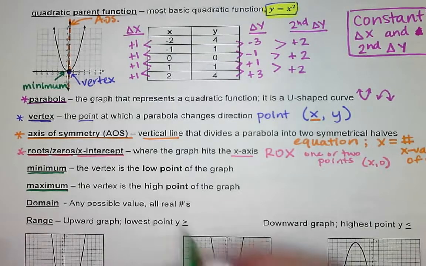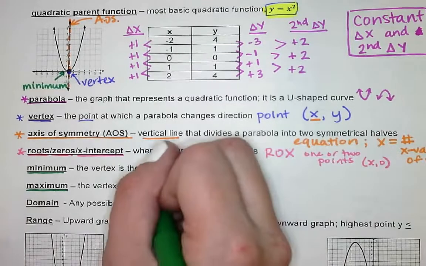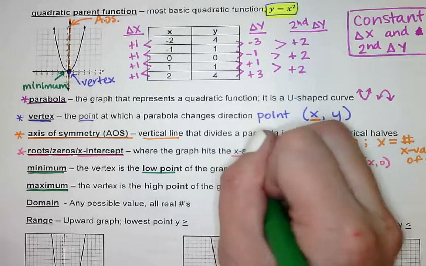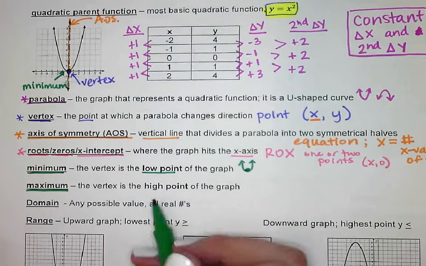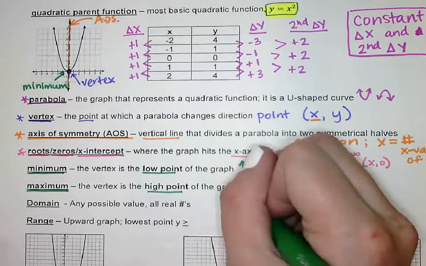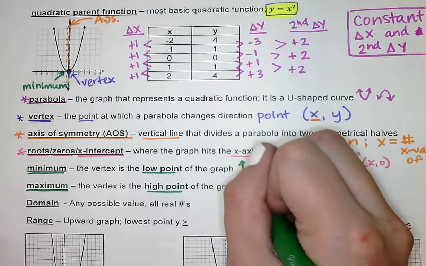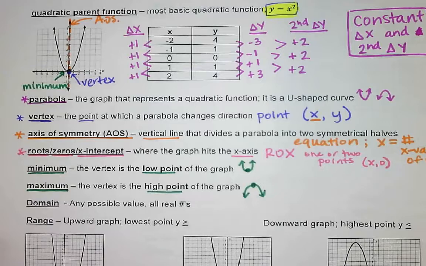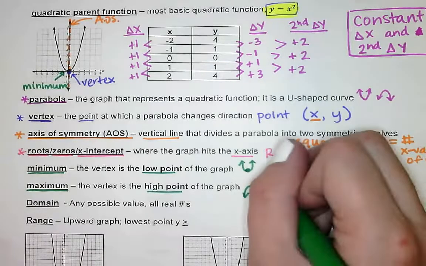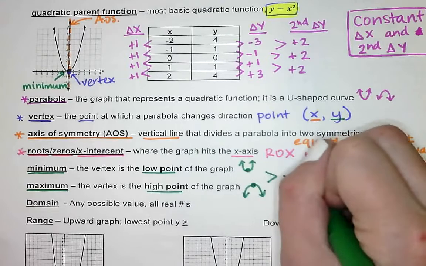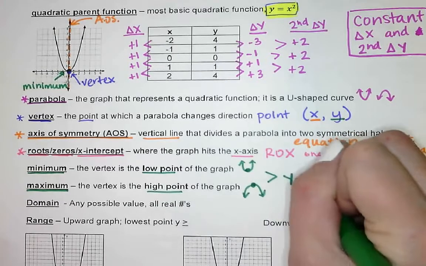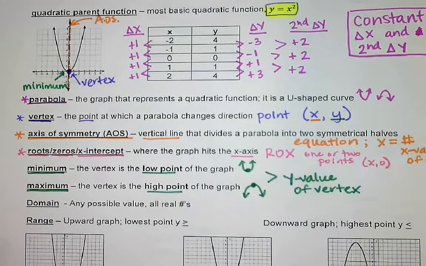A minimum is when it's the lowest point in your graph. Your maximum is when it's the highest point in your graph. And guys, your minimum and your maximum are directly connected to the y value of your vertex.